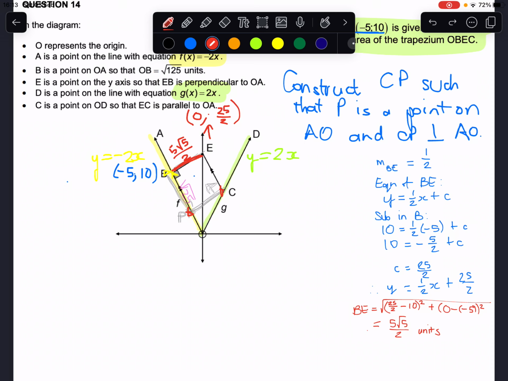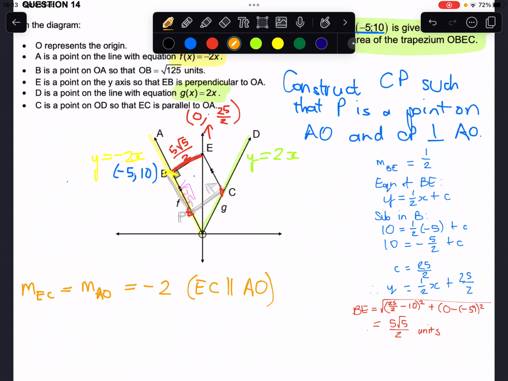Oh, well, we know that these lines are parallel, so the gradient of EC is equal to the gradient of AO, which is -2, because EC is parallel to AO.